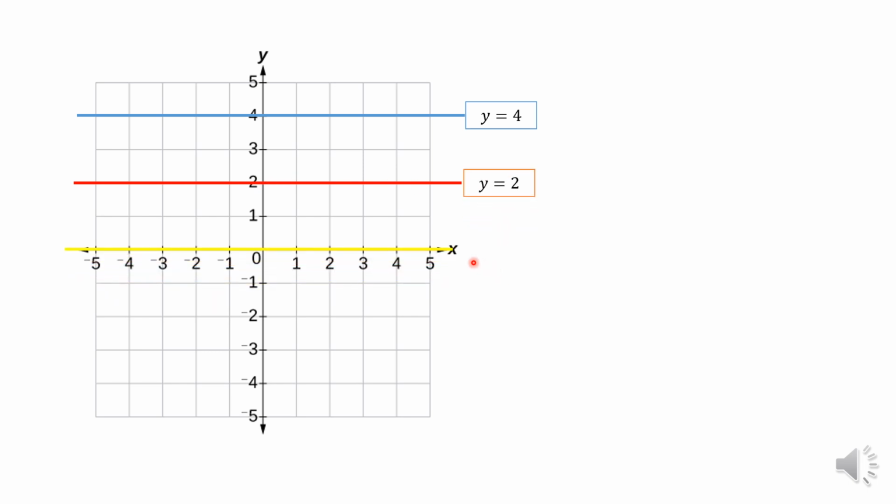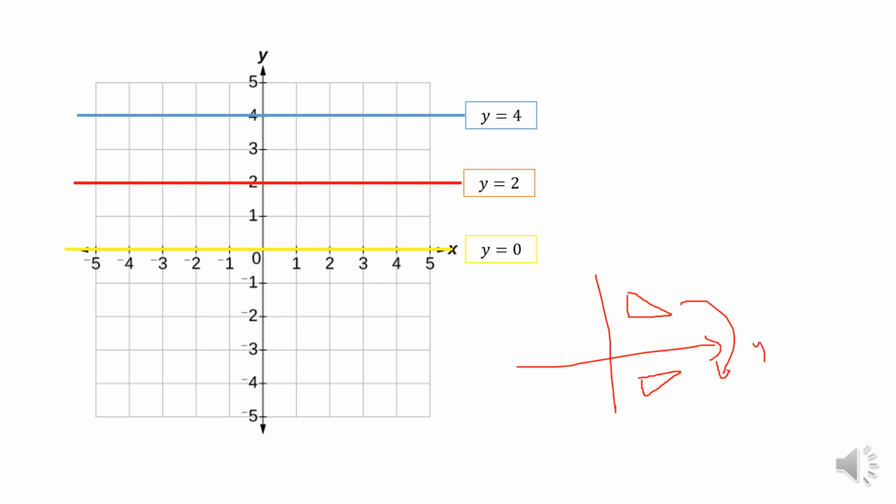And the interesting line is this line here. As you can see, this yellow line is on top of the x-axis. So it is y equals to 0. And the nice thing about this particular line is that when you are doing things like transformation, and you are supposed to say what transformation took place in one particular case, you could say something has been reflected, as you can see, and maybe it's on the x-axis.